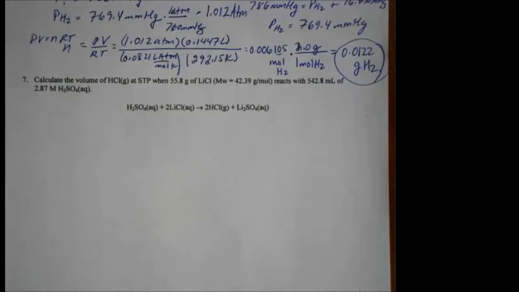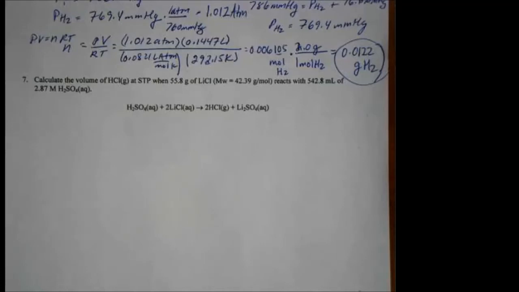And then they give us the balanced equation. Now, a lot of you are probably wondering, why is he giving me information about 2 different reactants? The answer is because whenever you get information about more than one reactant, you are setting yourself up for a limiting reagent problem.